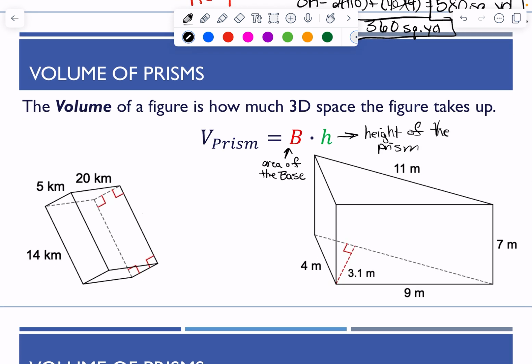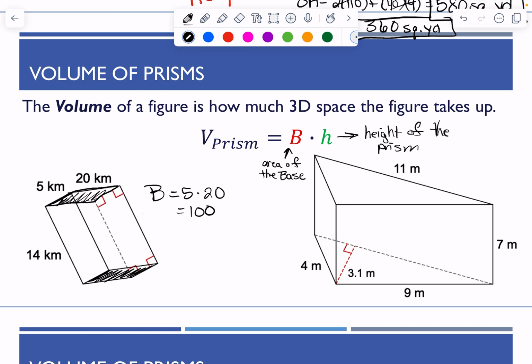So if I look here, I have my base. I'm going to do this rectangle on the top, and I have its parallel one on the bottom here. So to find this, all I need to know is the area of the base. So here I would go 5 times 20, which is 100.